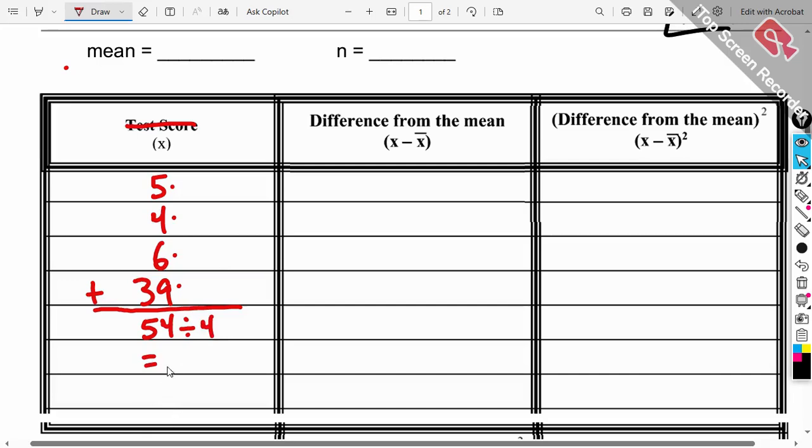All right, and that's the same as 27 over 2. And 27 over 2 is the same as 13.5. So that is the mean. All right, 13.5.